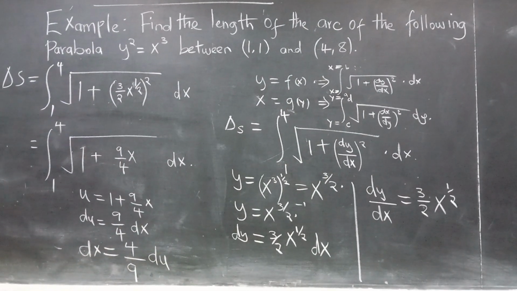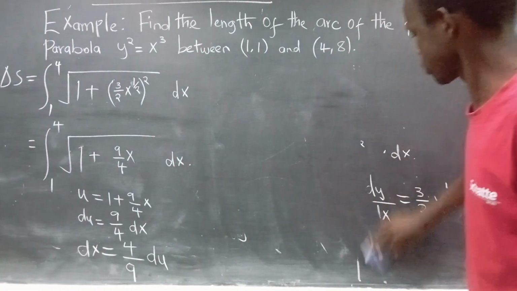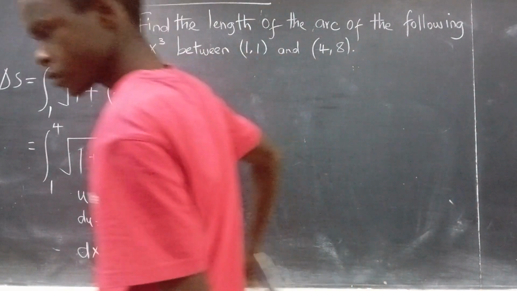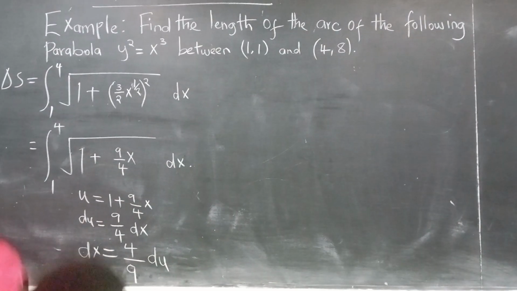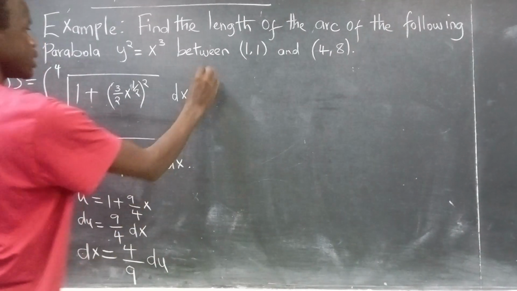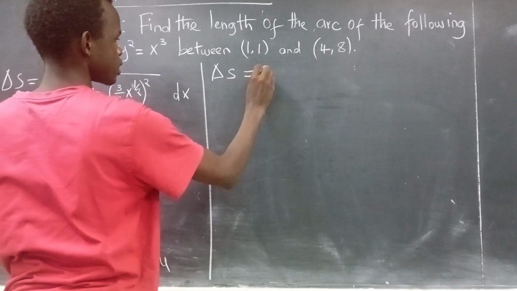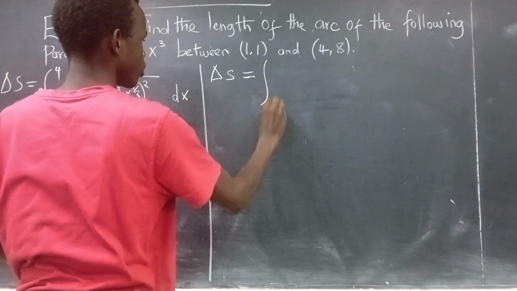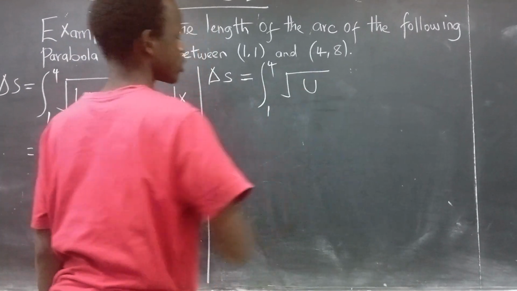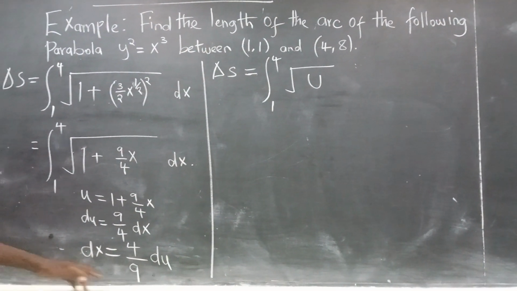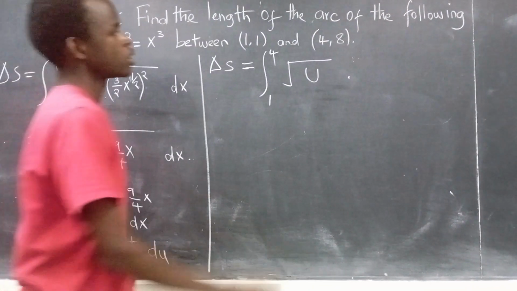So I'll be writing my dx, and this is what we have. I'll get my ds the same as the integral from 1 to 4 of the square root of u multiplied by my dx, which is 4 over 9 du.